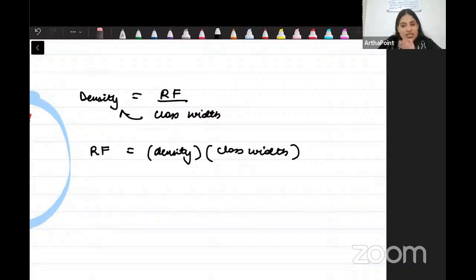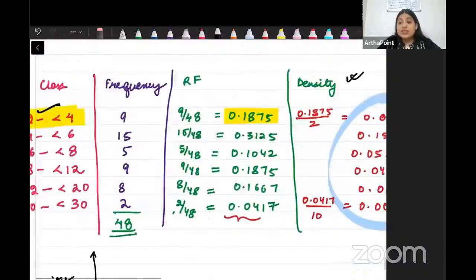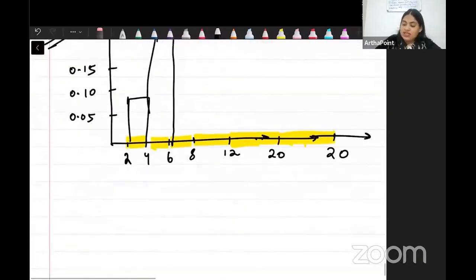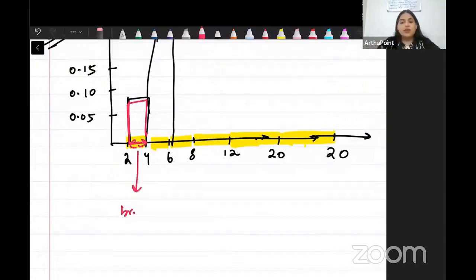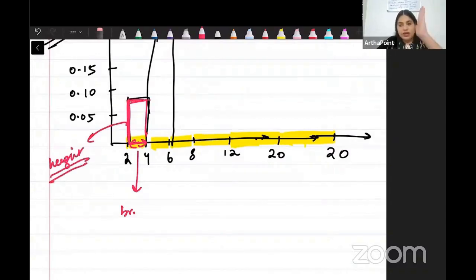Now understand carefully: the width of my class is the breadth of this rectangle, right? So this is the breadth of the rectangle. And the density I have here is the height of this rectangle, right? This is how this rectangle is plotted.